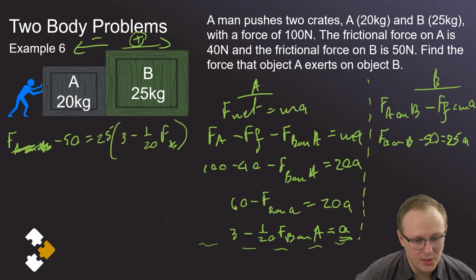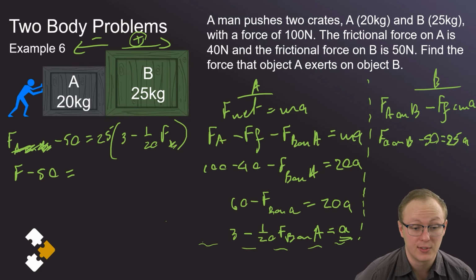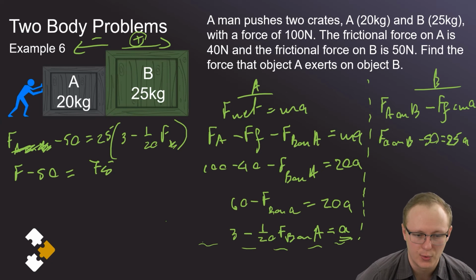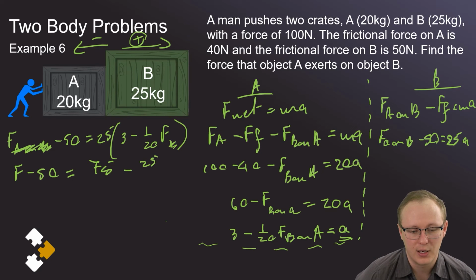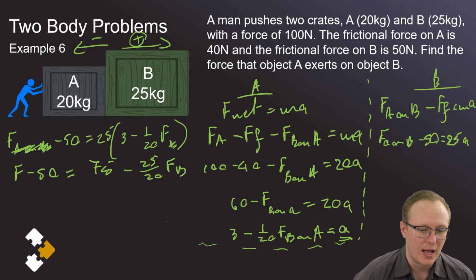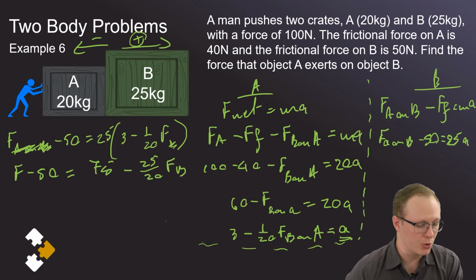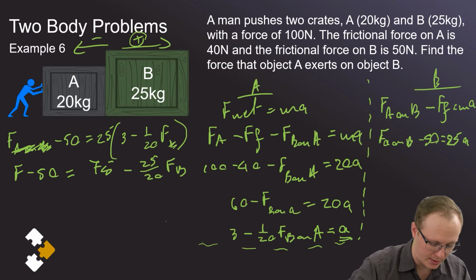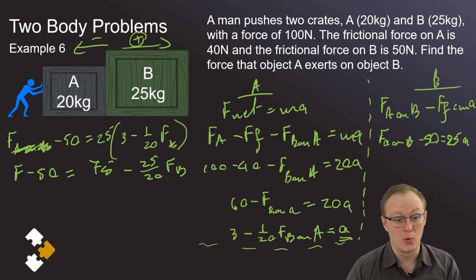Okay, so F minus 50, so let's keep the F minus 50, is equal to, okay, now 25 times 3 is 75, and 25 times negative 1 over 20 is going to be negative 25 over 20 times F, right? And now that negative 25 over 20 I'm going to take to the other side. So negative 25 divided by 20 is going to be negative 1.25.